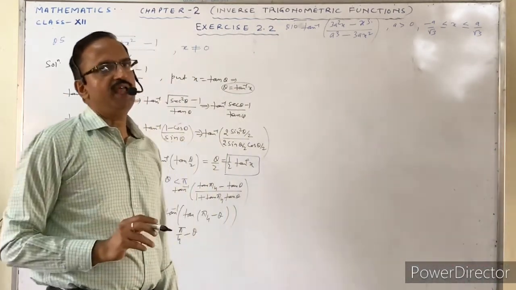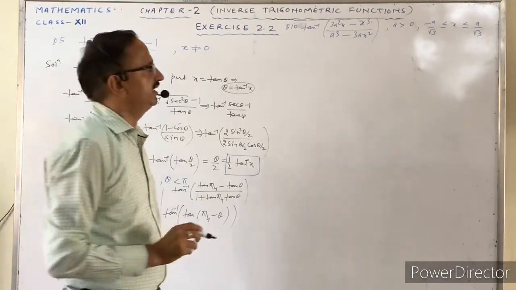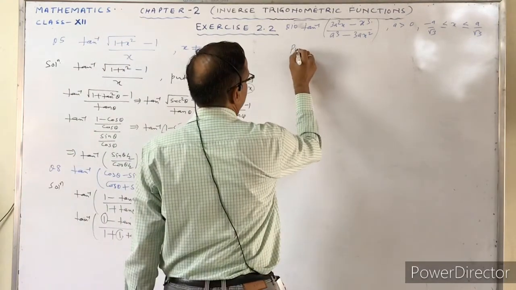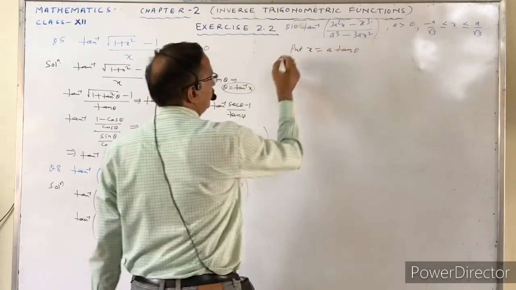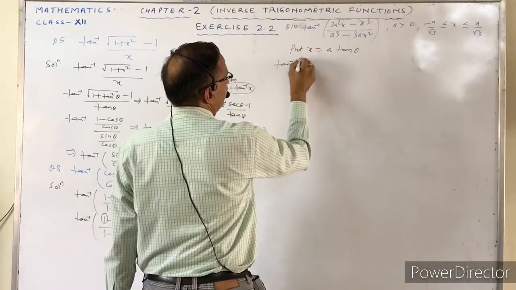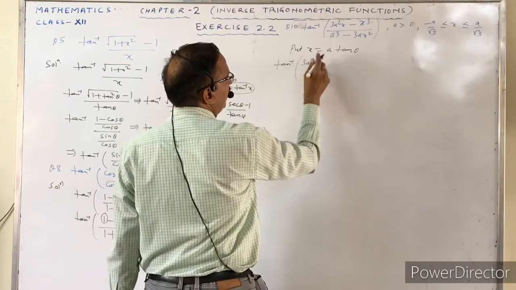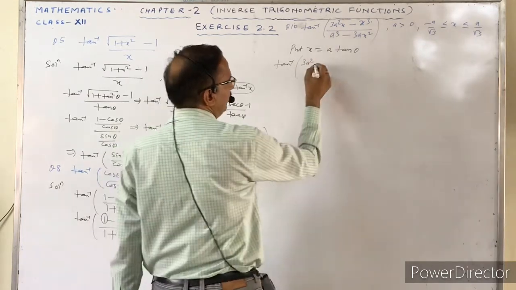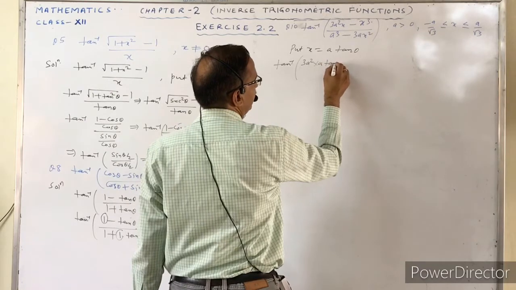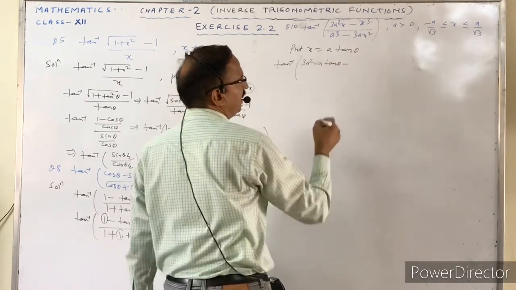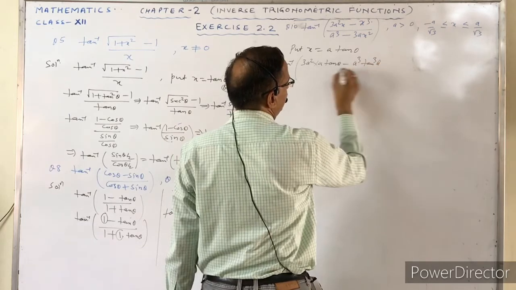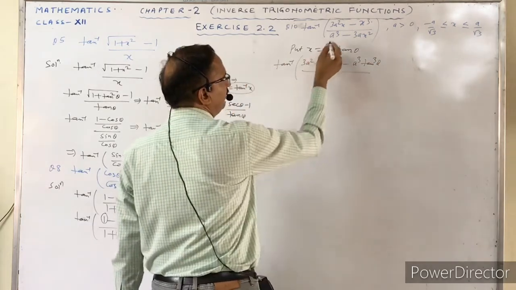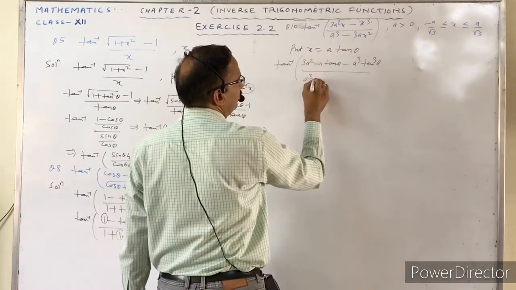We will put x equals a tan theta, so that it becomes tan inverse. This is 3a square. In place of x, we put a tan theta. Here also we put a tan theta, so it becomes a cube tan cube theta. In the denominator we have only a cube.